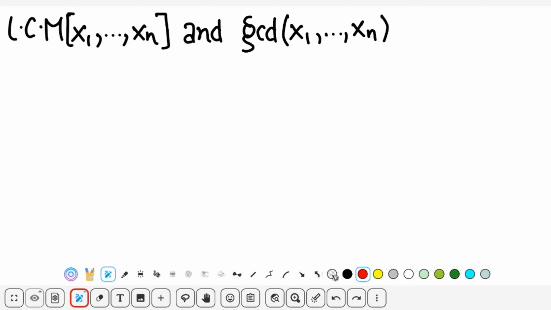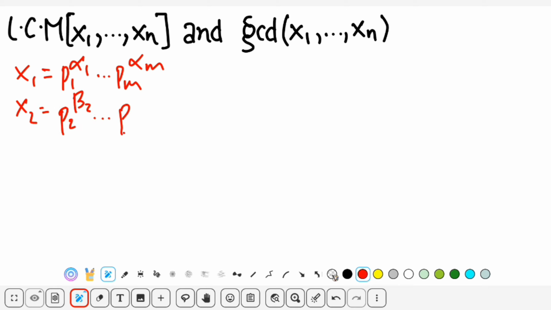Okay, let's start. As we know, we can write x1 as the product of prime numbers raised to some power, and the same for xn, x1, x2, x3, the same for all xi's. Now here we cannot write p1 raised to the power alpha 1 through pm raised to the power alpha m. Why? Because then you have to write x2 equals p2 raised to the power beta 2 through pm raised to the power beta m.